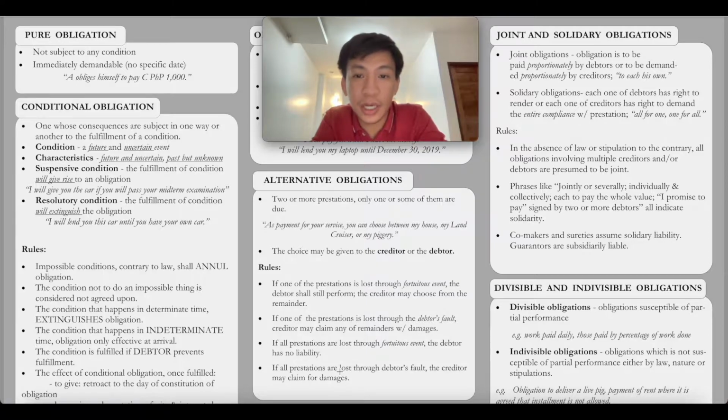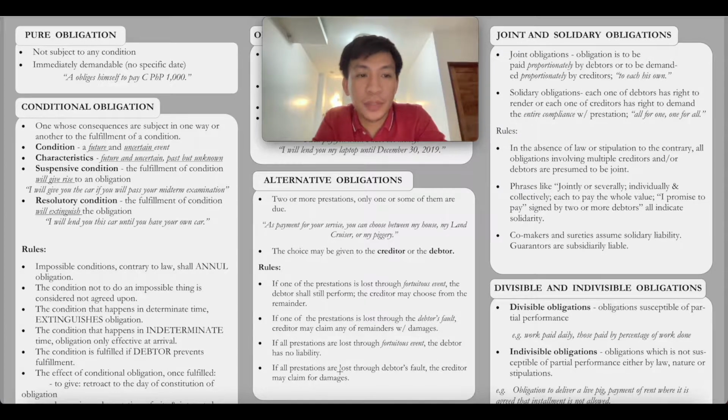Pero meron ding isang characteristic ng condition which is past but unknown. Kumbaga, pwede mong gawing condition yung isang past event na both of you don't know about. Kumbaga, pwede mong gawing condition ng isang bagay na nangyari na pala pero both of you don't know it. Maybe we will be discussing this in the future.